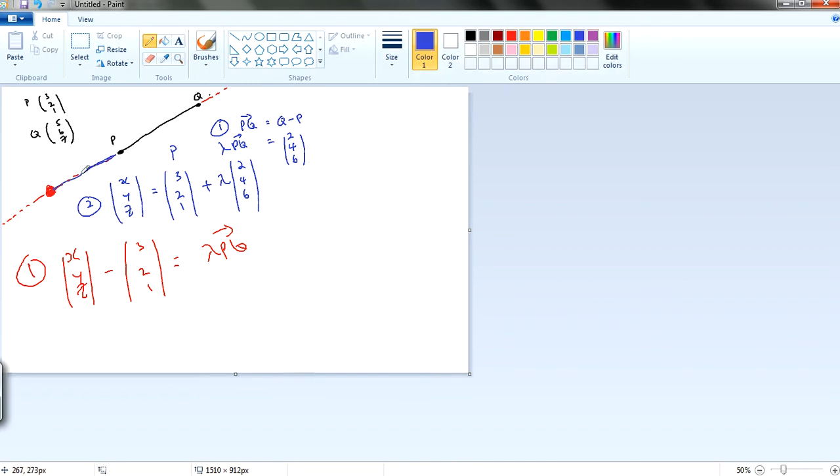We called it point Z, so we have a point Z over here. So point Z to P can also be written as vector ZP, equal to lambda PQ, and when you multiply lambda inside PQ, you get another form of vector. So this is the general formula.